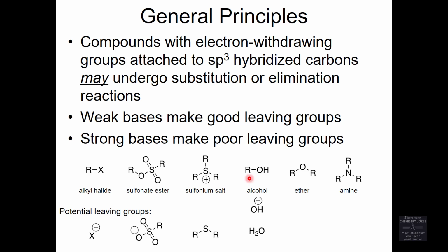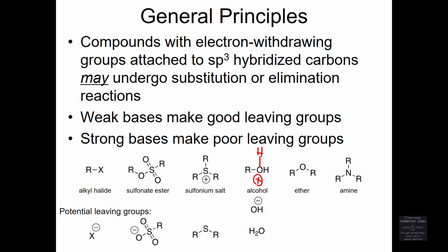But an alcohol, this is a bad leaving group. It's a terrible leaving group. But that alcohol could be protonated first to become like this, and then water could leave from that protonated alcohol.